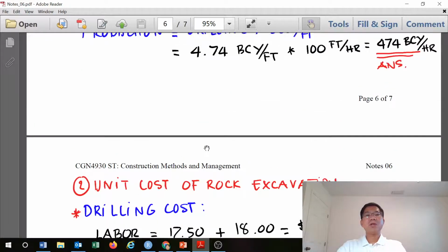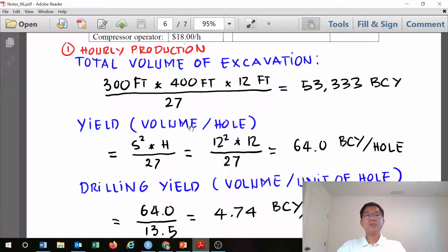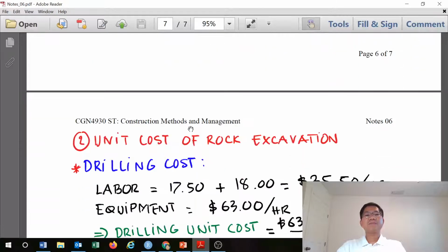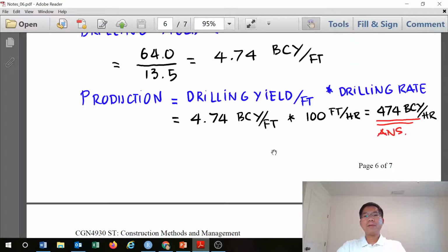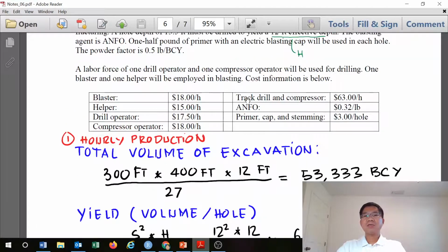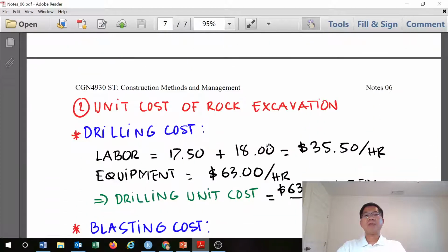In the labor, as the problem gives you, the last two here, driller operator and compressor operator, at these two you get the labor costs, $35.5 per hour. And then the equipment, go to the left side, track drill and compressor, $63 per hour. So that we have the equipment. And then we find out the drilling unit cost.